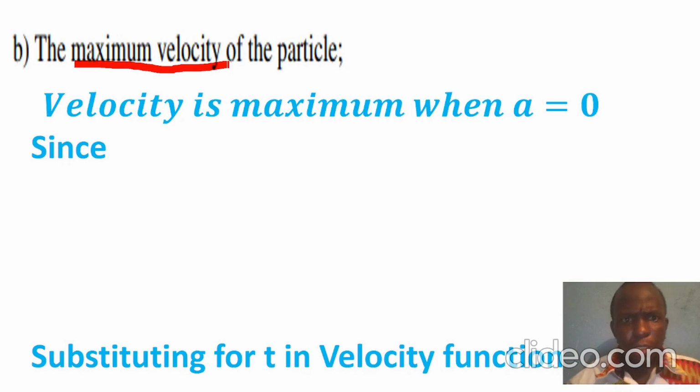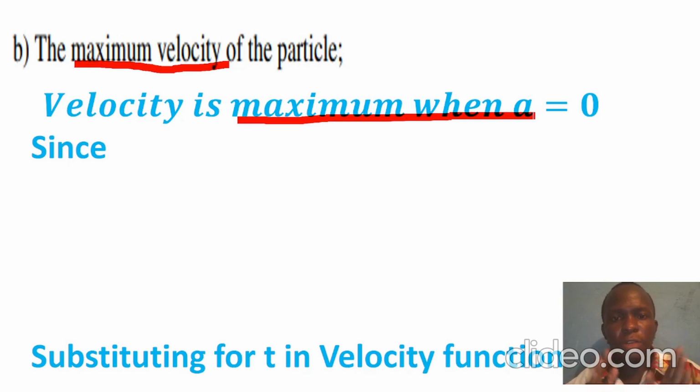Maximum velocity is when acceleration is equal to 0. When acceleration is equal to 0, then we say the velocity is maximum. But we cannot just get velocity straight away. We have to get the time when velocity was maximum, and then we substitute the time in the velocity function.